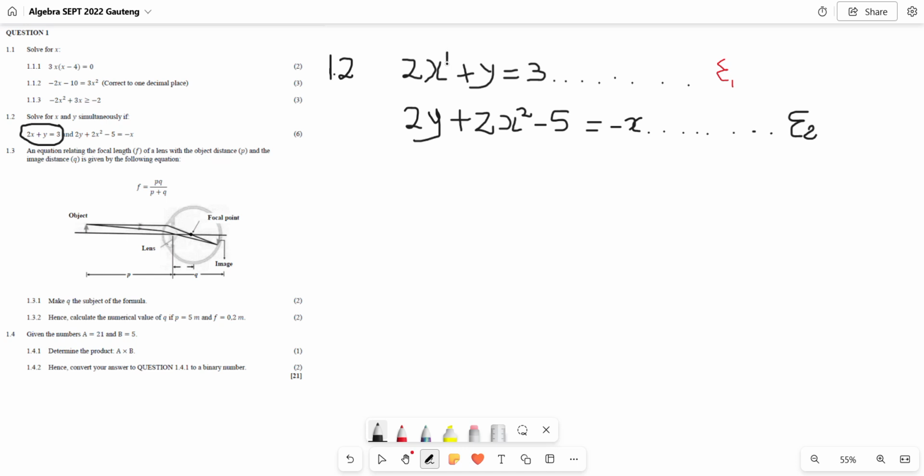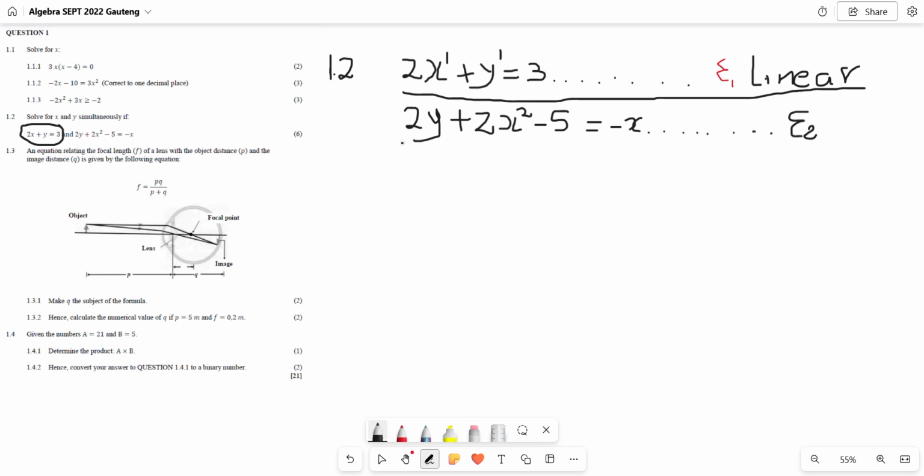Where x and y have the power of one not written here, it means this equation, the whole equation 1, is a linear equation.